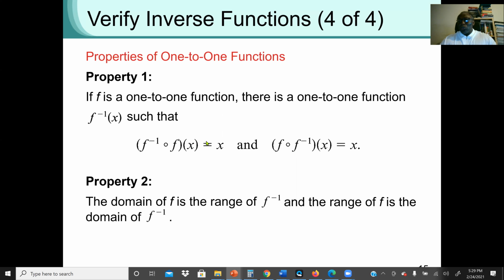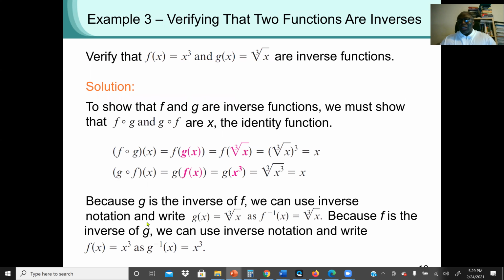So if these two hold, then we have what we call the inverse of the function. So property 2 says the domain of the function f is the range of the inverse of the function f, and the range of f is the domain of the inverse of the same function f. So with these two properties, we can find the inverse of a function.